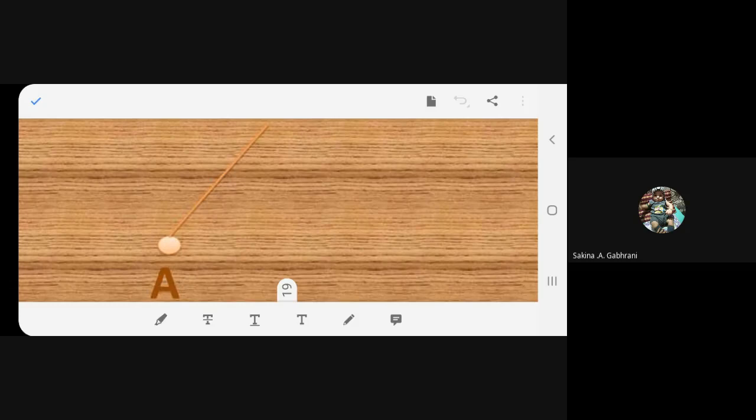Can any one of you explain better? Can anyone explain better what is shown in the picture?